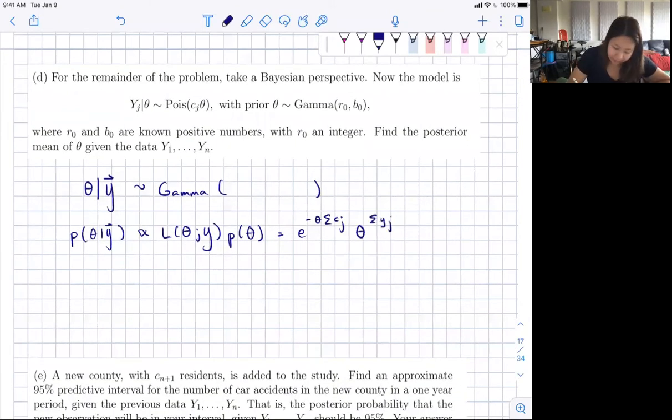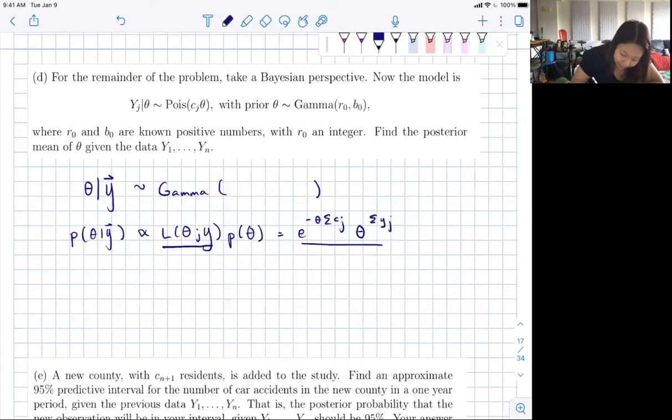So that's the likelihood. Now for the prior, we're going to look at the table of distributions. The PDF is going to be a gamma constant times some stuff, but we only care about the things that are attached to theta.